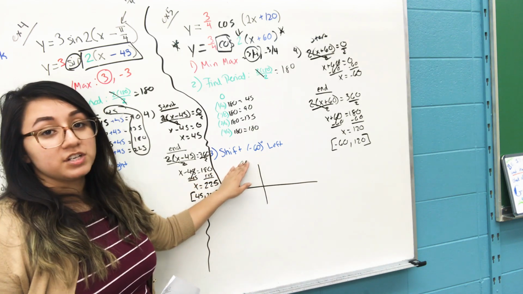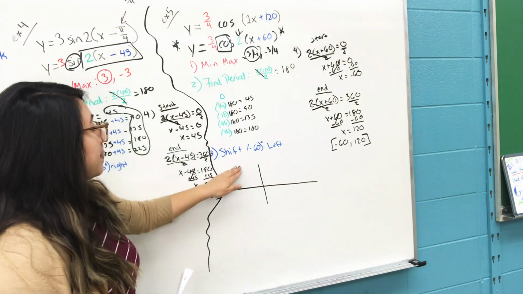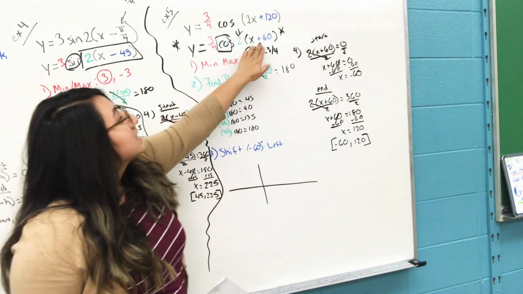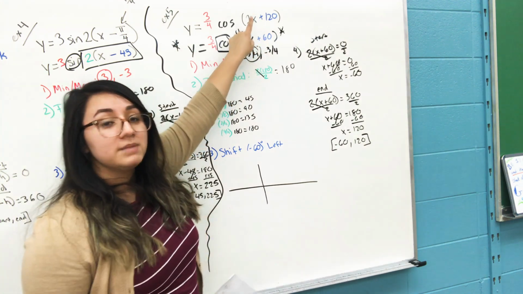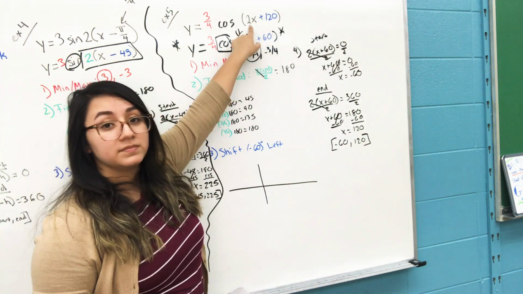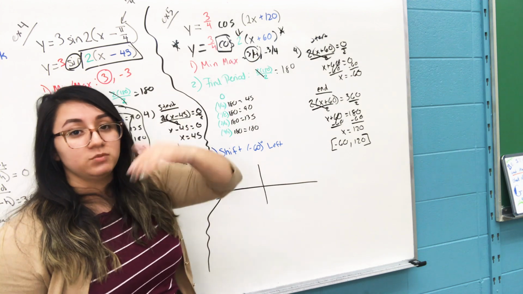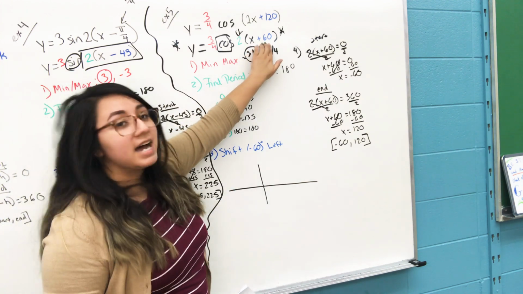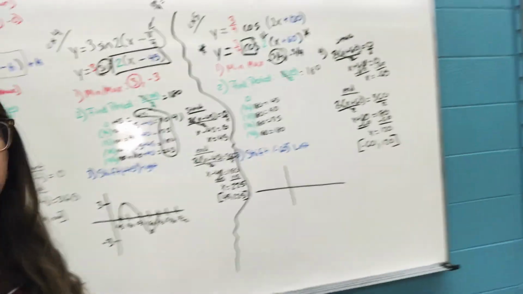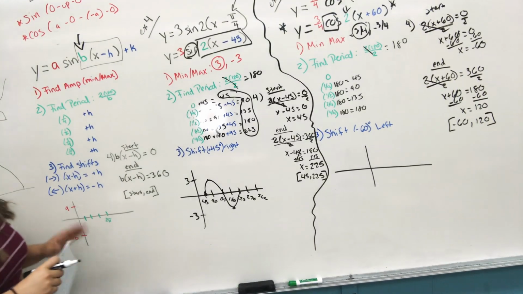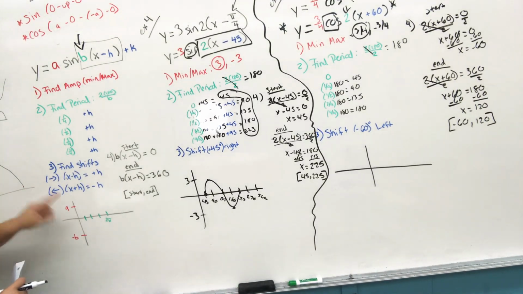Now let's talk about our shift. That's where it gets a little bit more difficult. We have a shift of plus 60. Remember, it's not plus 120 because we factored out the 2. So we can have what our period wave looks like. So we have positive 60. If we go back to what we had here, if it's x plus h, you're shifting to the left.